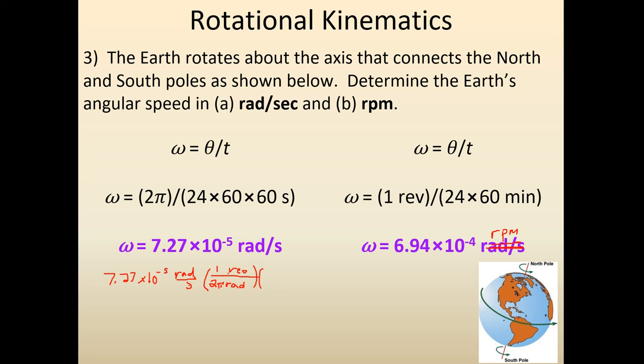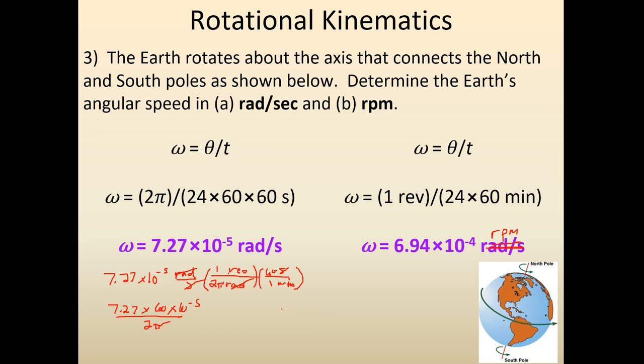Seconds, I want to cancel out the seconds in the denominator, so I put seconds in the numerator and minutes up top. 1 minute is 60 seconds. So multiply through. You're essentially going to do 7.27 times 60 times 10 to the negative fifth divided by 2 pi. And you should end up getting 6.94 times 10 to the negative 4 because the radians drop out, the seconds drop out, and we're left with revolutions per minute.